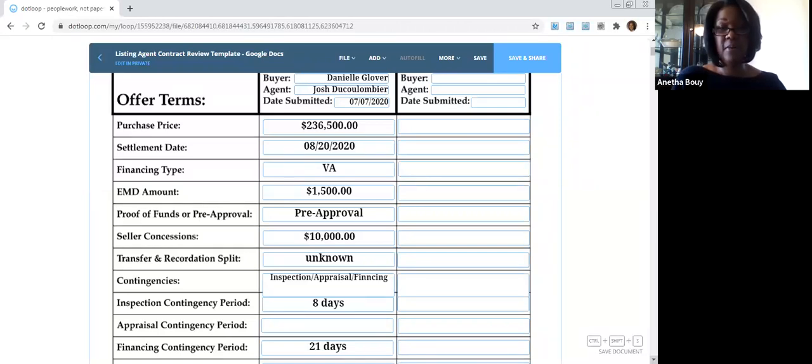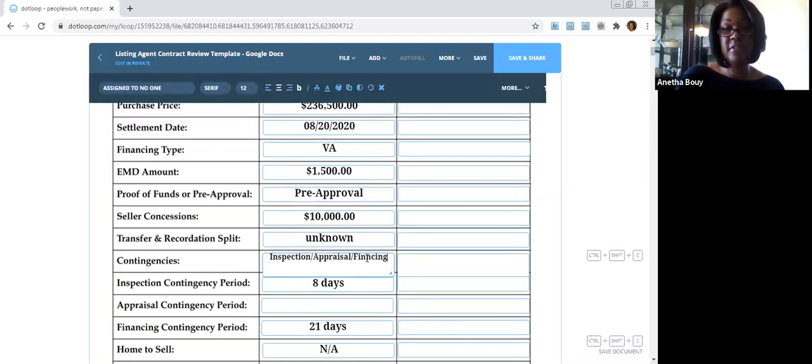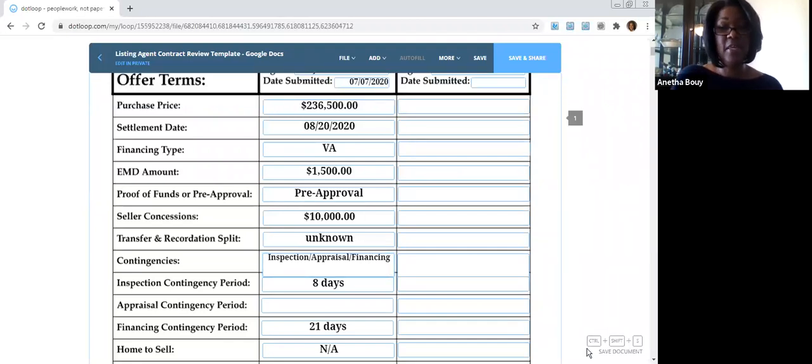They did not identify how the transfer tax and recordation would be split. And so again, that's something that you'd have to make sure that you have clarity in. They are contingent upon an inspection and appraisal and financing. The inspection can be done within 8 days upon receiving the ratified contract.